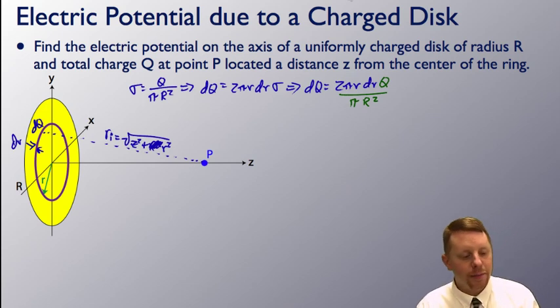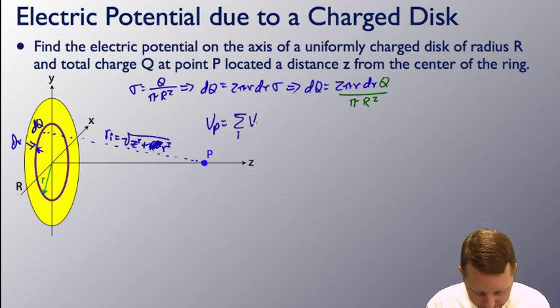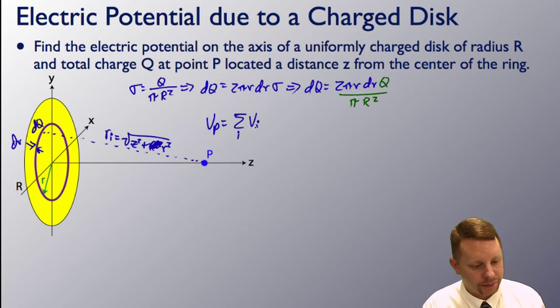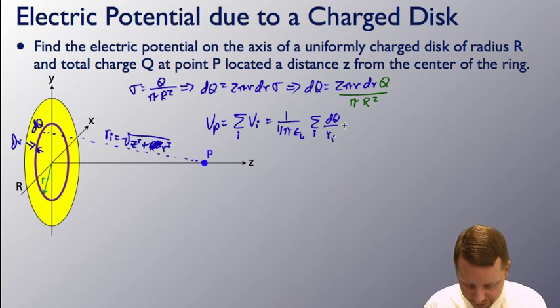All right, a little bit longer derivation here. Once again, our total potential, V at point P, is going to be the sum over all i of our individual potentials, which is 1 over 4 pi epsilon 0 sum over all i of dq over Ri.